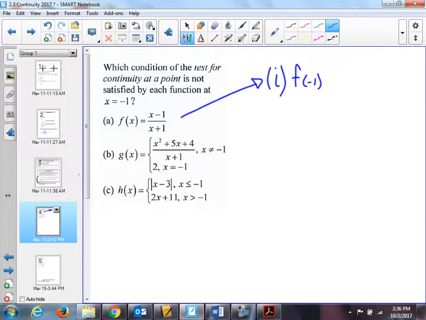And that's your first test. Does it? No. Okay, so, it doesn't exist. I stop then. Or undefined. That's actually a more concise one word. f of -1 is undefined, not continuous.